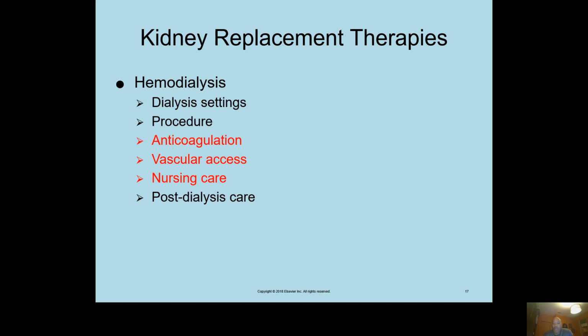Now, an AV graft is used. Remember that there's a difference. You have your AV fistula, which is the more durable version, where you're connecting the artery and the vein. The AV graft is more for those patients who don't have a good vasculature system, and so you have these tubes that connect the veins and arteries.